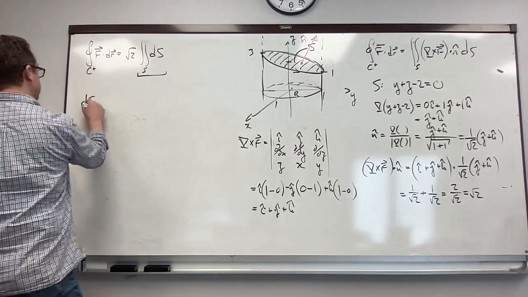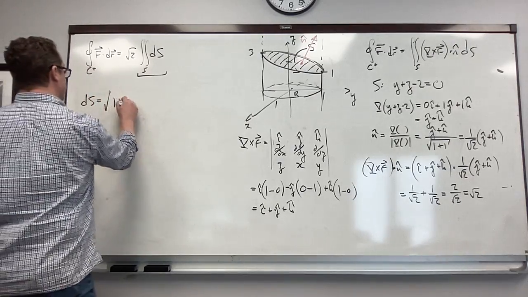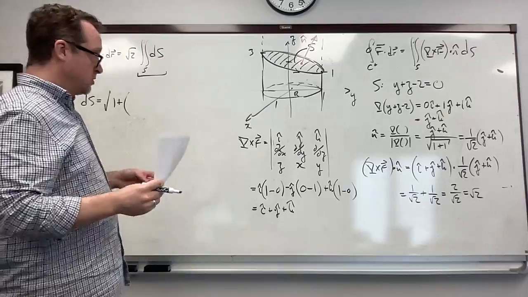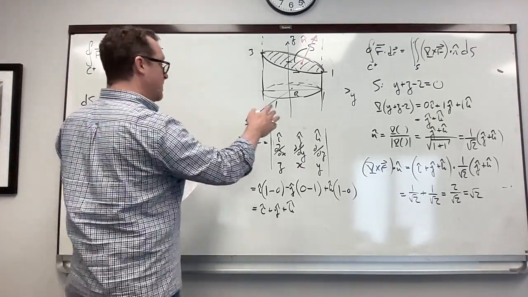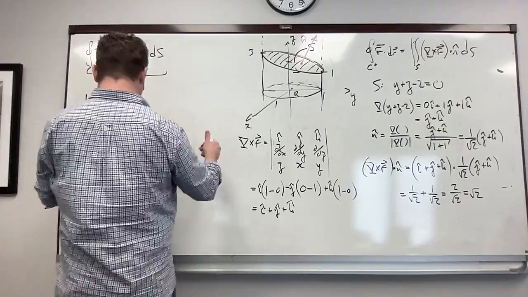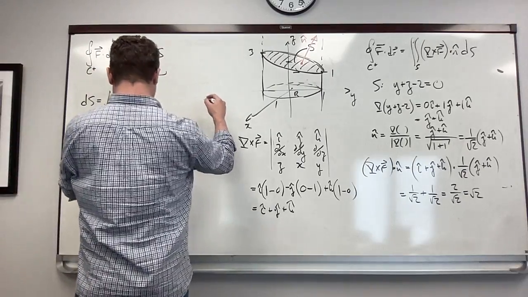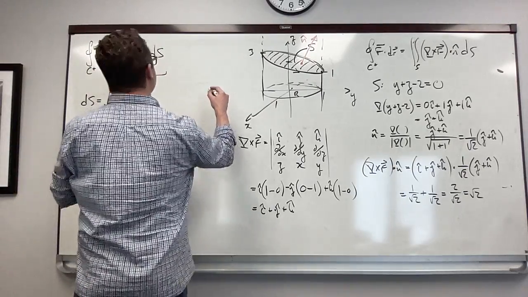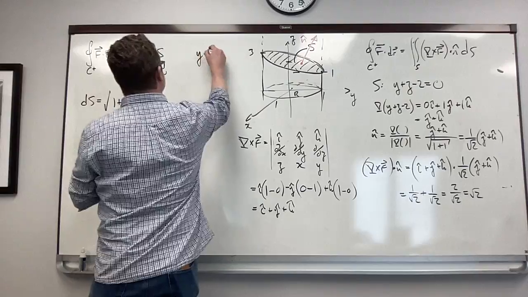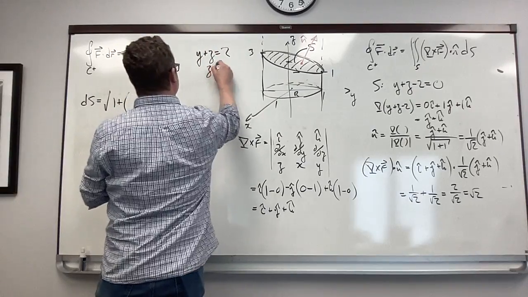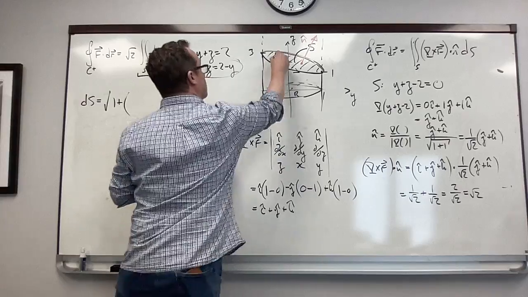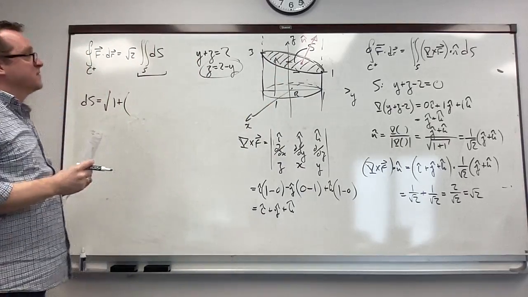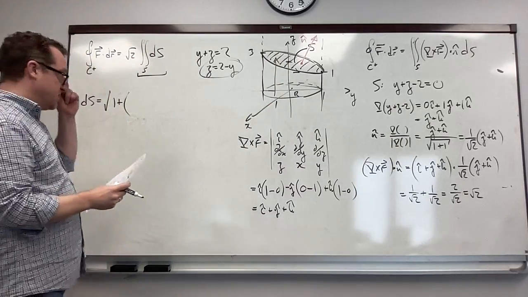So dS will be square root of 1 plus, okay? I need the partial of the surface height, which is z, and I erased my z, but z was, what was it? Yeah, we had y plus z equals 2, so z equals 2 minus y. That was the height function above this xy plane. It doesn't depend on x, but does depend on y.